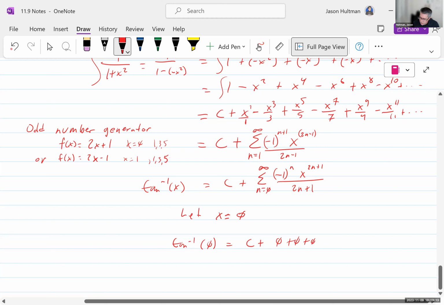The inverse tangent of 0 is 0, and so c is equal to 0, and we can eliminate our c.